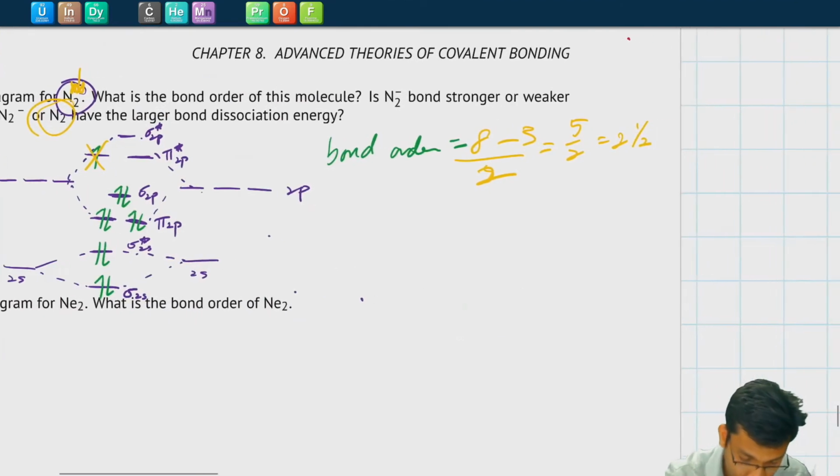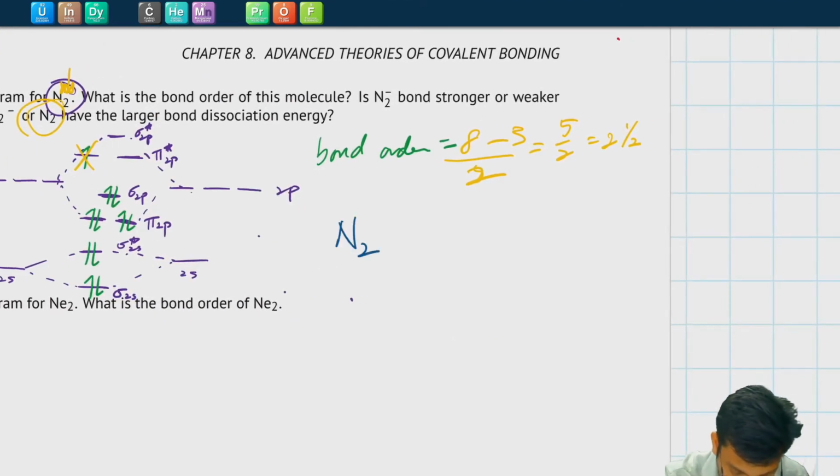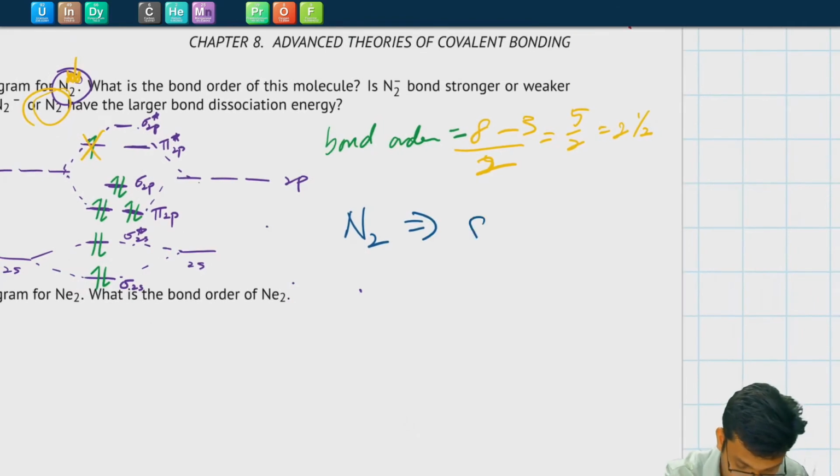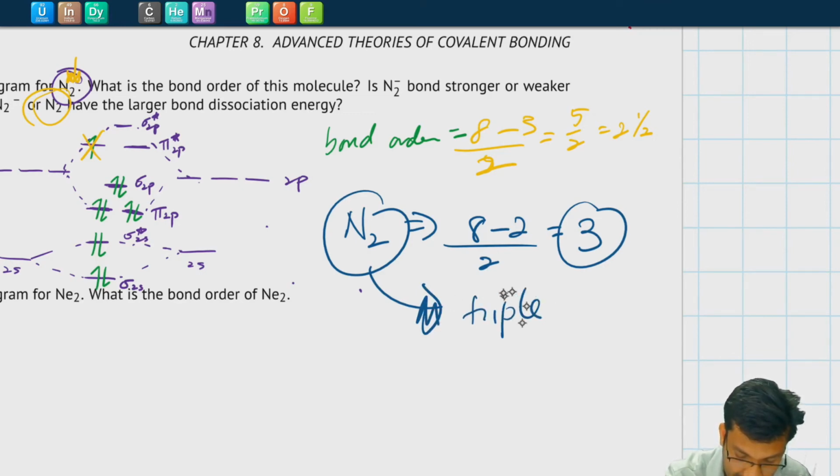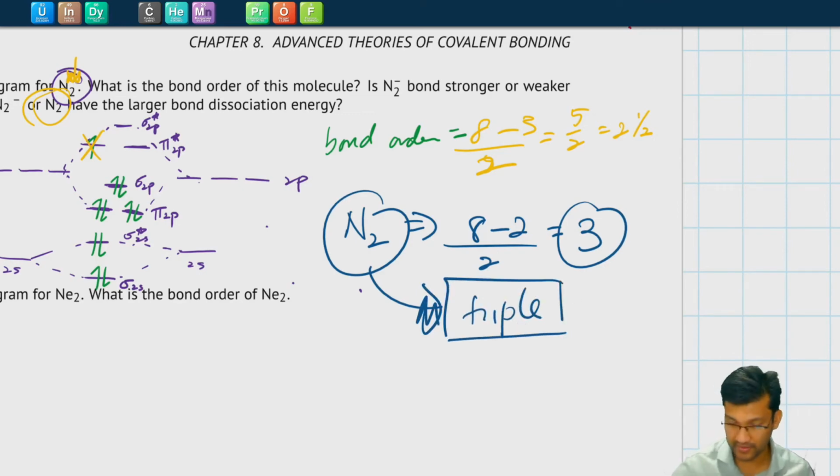Alright, so for N2, it wouldn't have that electron on top, so the number of bonding electrons would remain the same as 8, but the number of anti-bonding electrons would only have been 2, and so this would have given us 6 divided by 2, or 3. So N2 has a triple bond. And if you draw the Lewis structure, you probably could have figured that out.